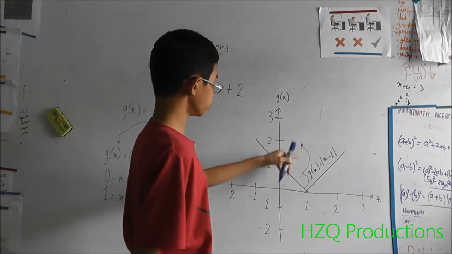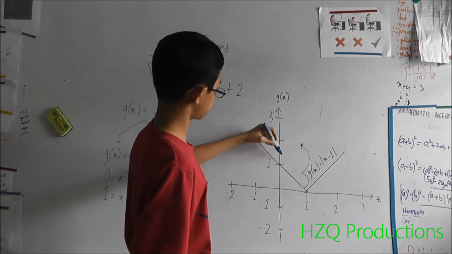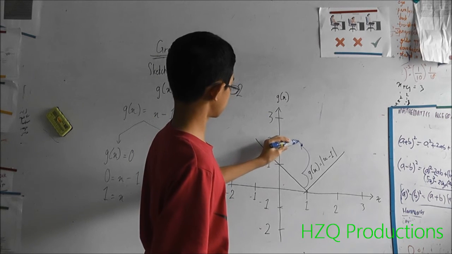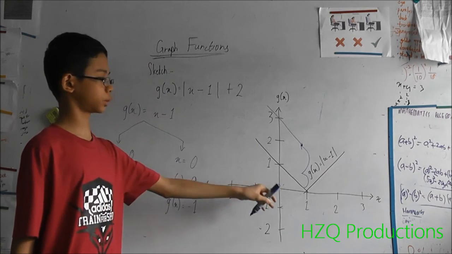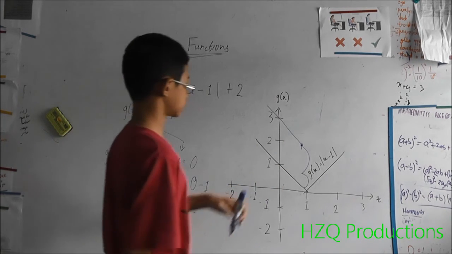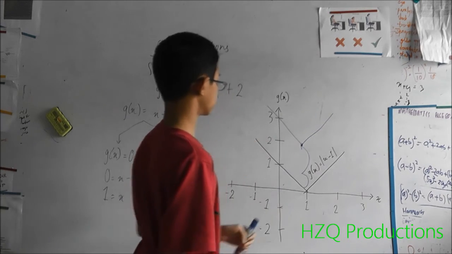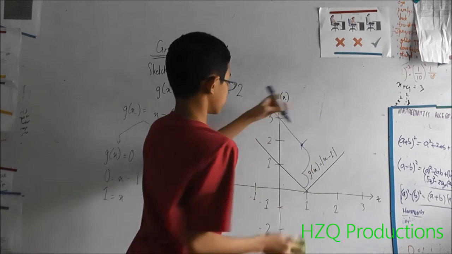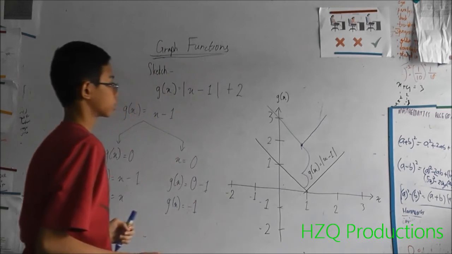So if you move this up, so goes this one. You must move 2 steps up. So it should be a little bit like this. Be careful that the lines must be as parallel as possible. If your lines aren't parallel, you may have a chance to lose marks.